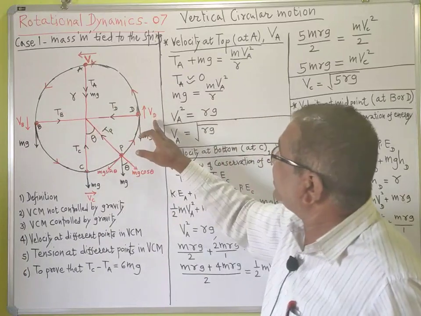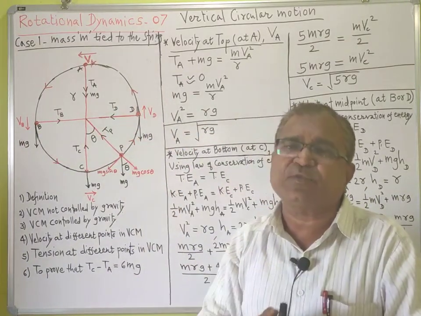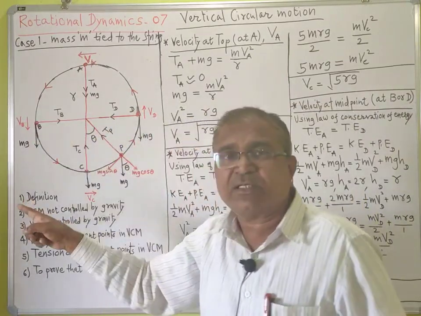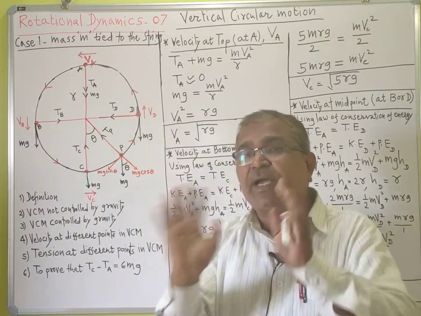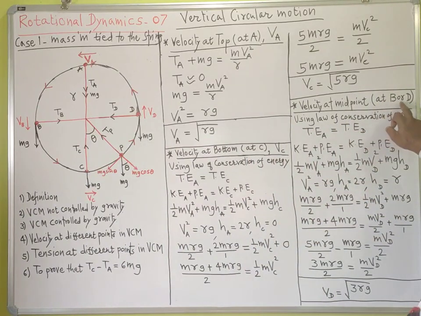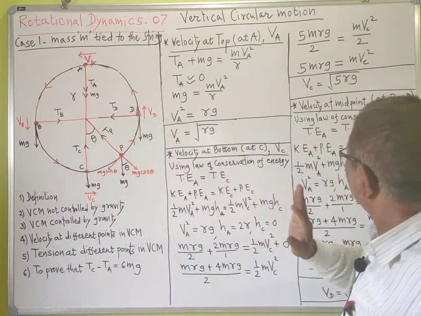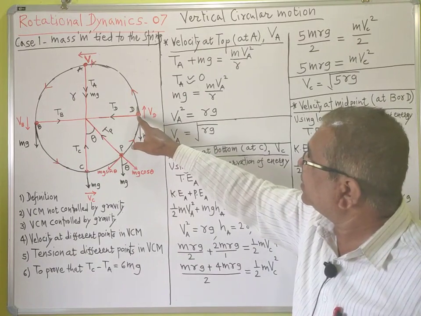Vb and Vd, magnitudes of these two are equal. Only directions are opposite. Direction of Vd is upward, direction of Vb is downward. Direction is exactly opposite, but magnitude is same. So at B or D, Vb equals Vd. I have taken D point here for our convenience.